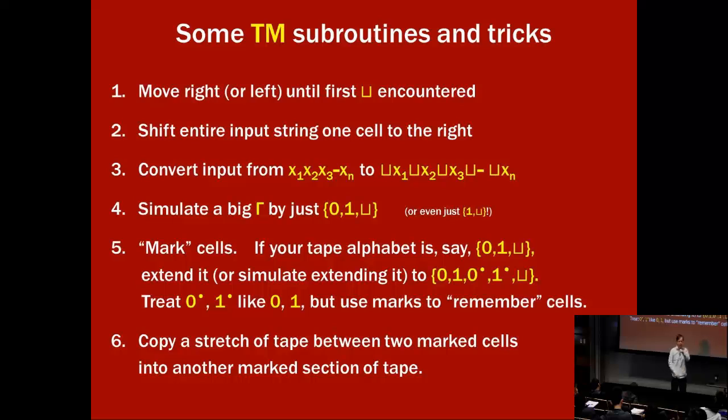What you can do is say, OK, if I'm reading a 0, I'll replace it with 0 dot. So I still think of that as a 0, but it lets me move around for a while, and then eventually go to some piece of logic that walks right until you see a dot. So it lets you remember where the tape head was at some other part of the computation. Again, it's a hint that you can use when you're doing some TM programming practice.